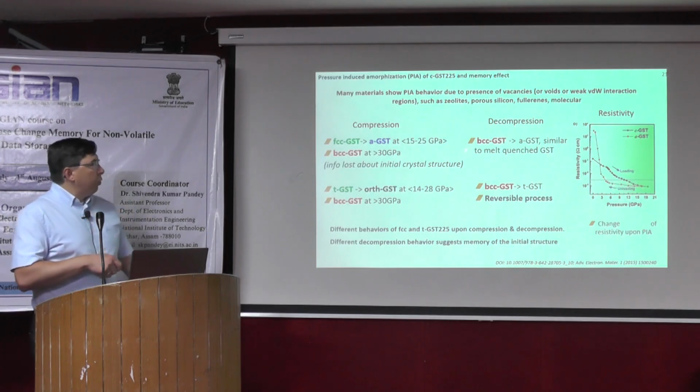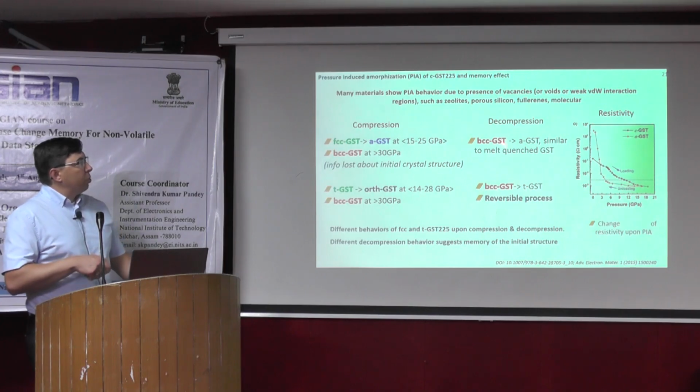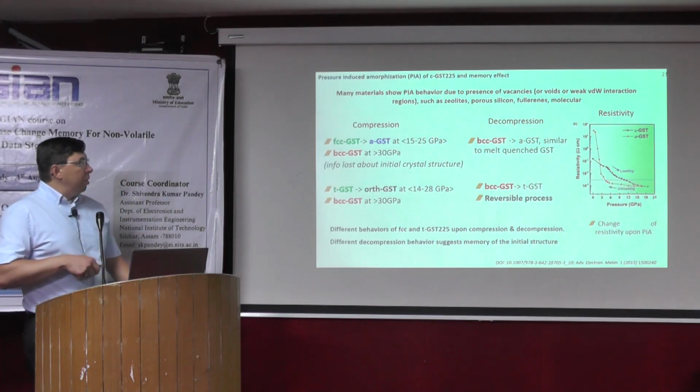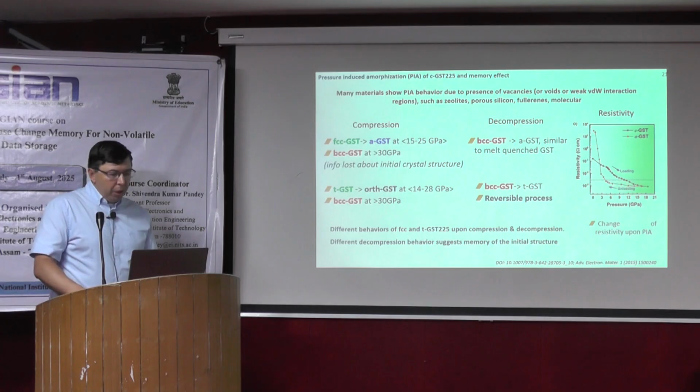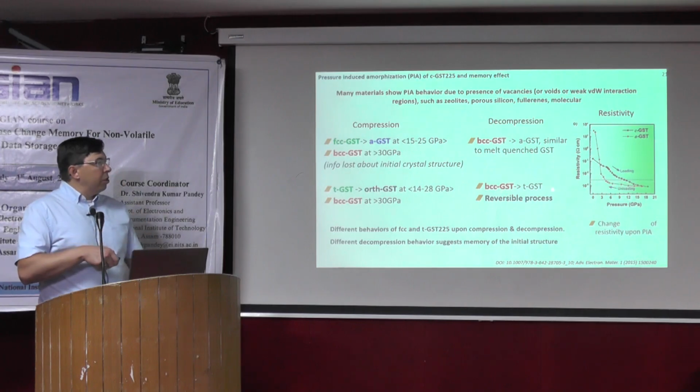So it does not transform back to the FCC GST. It rather transforms to the amorphous phase, and it shows amorphization using high pressure. However, in the case of TGST, there is a memory effect, and if we decompress this BCC GST, then we go back to a phase like TGST.